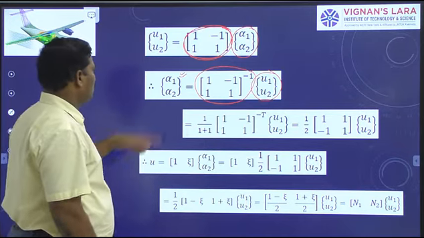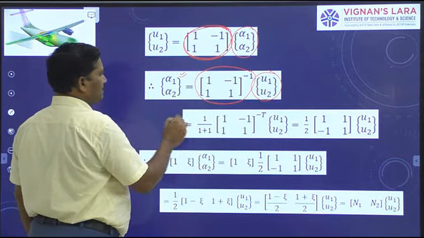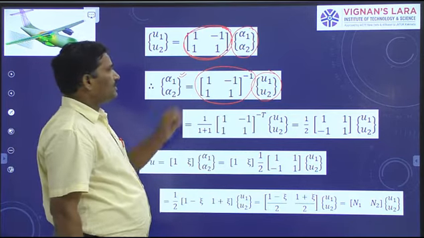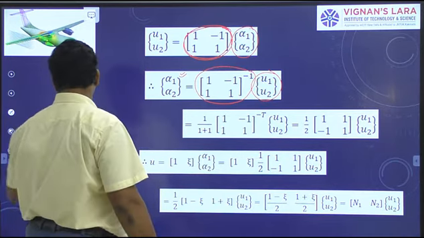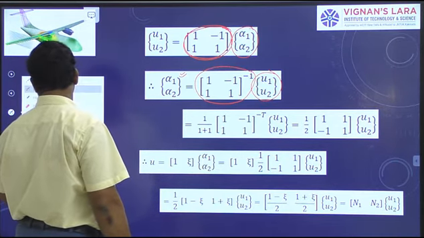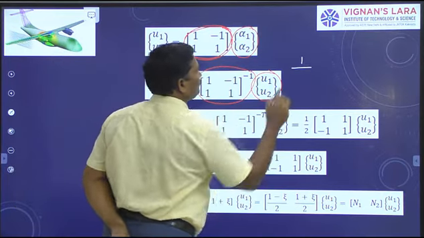Okay? Now, the column matrix having the elements alpha 1 and alpha 2 equals the inverse of this, you can try. How do you write the inverse of this?